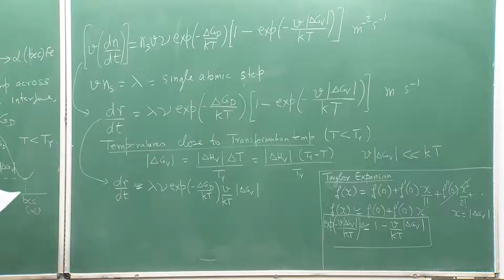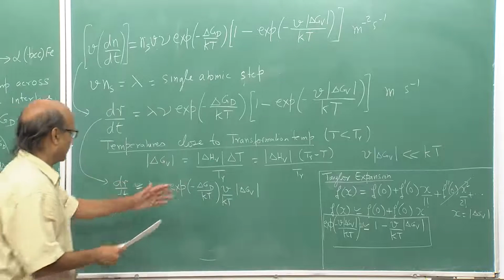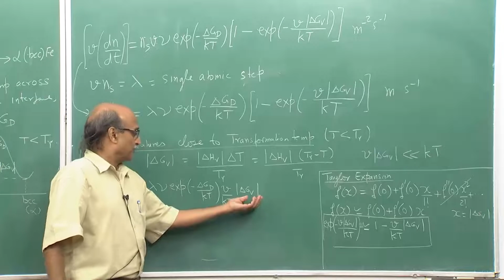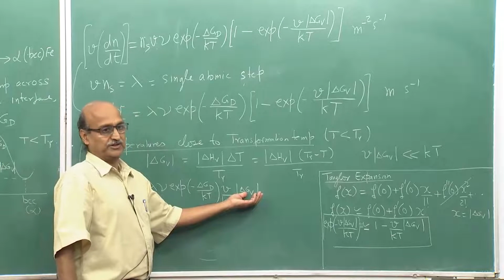So what this is telling us is that for small undercooling, the growth rate is directly proportional to the driving force delta GV.